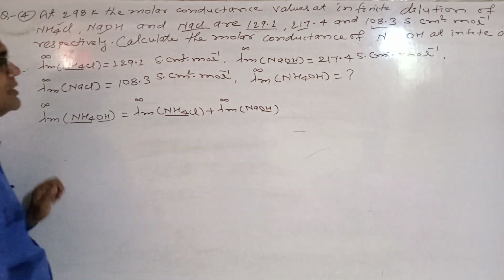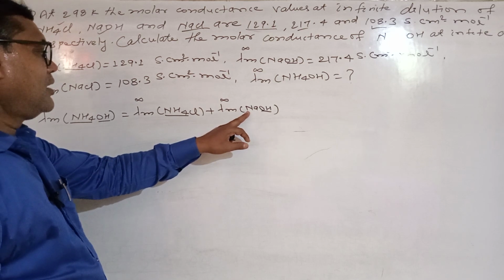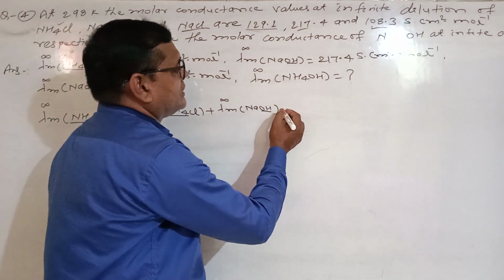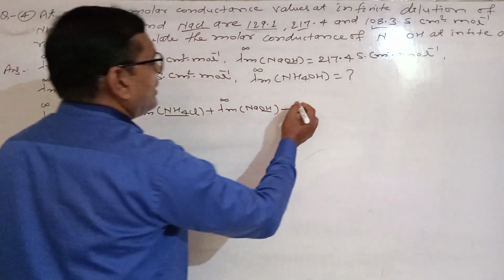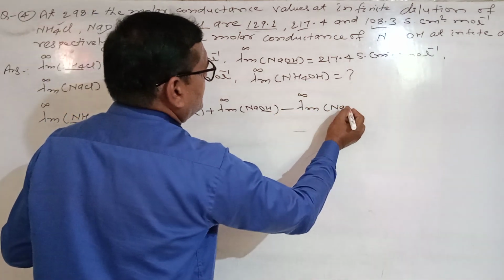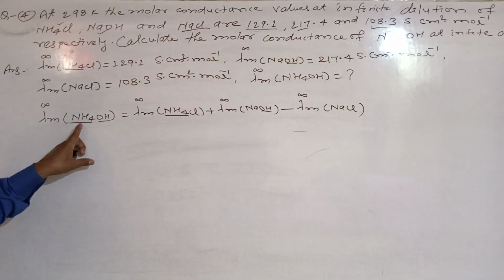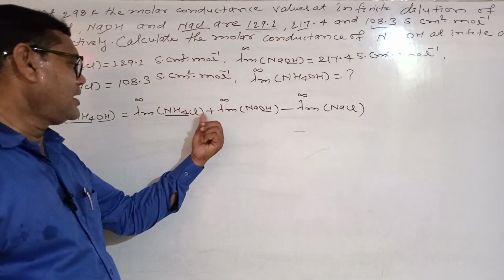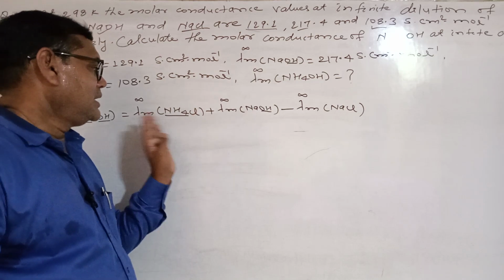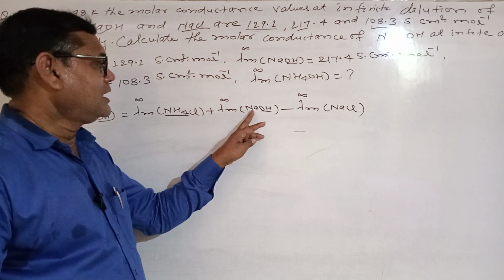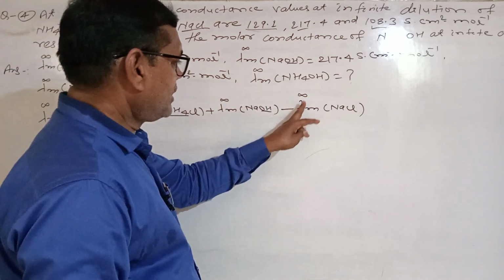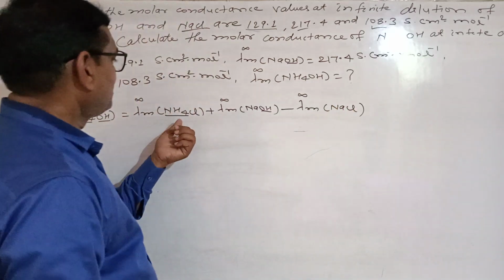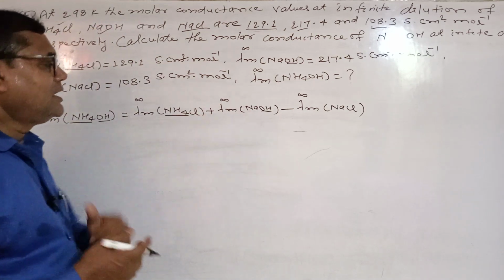These are added, and Na and Cl are removed from the NH4Cl and NaOH, so we write a negative sign and remove lambda infinity m of NaCl.